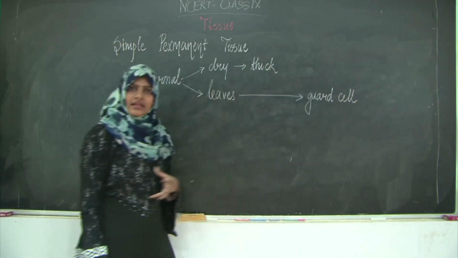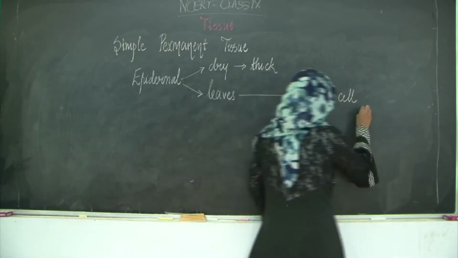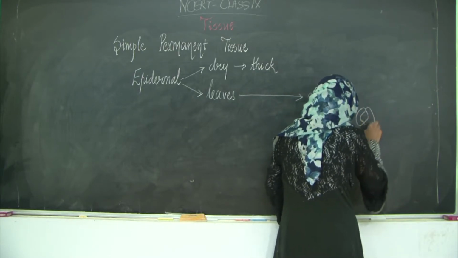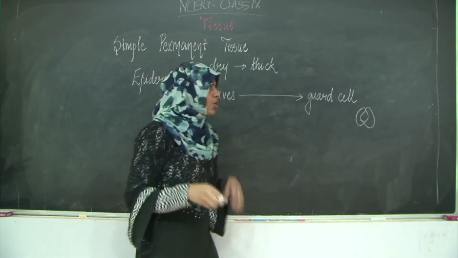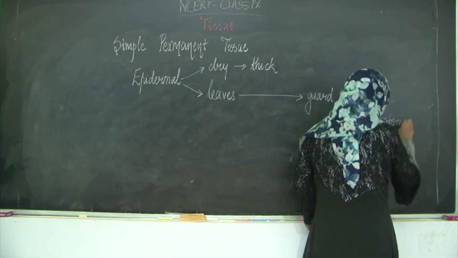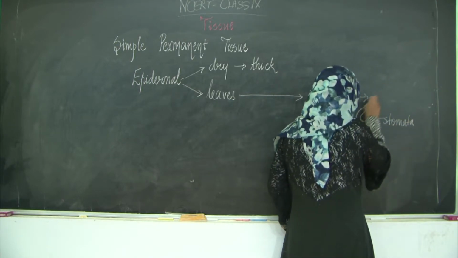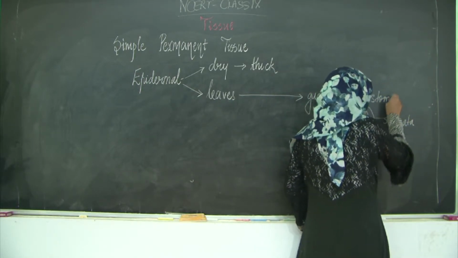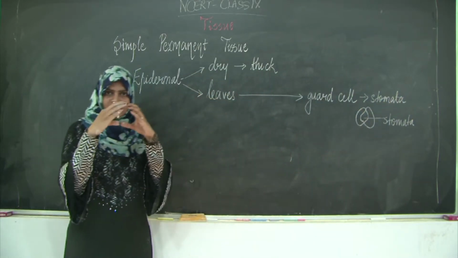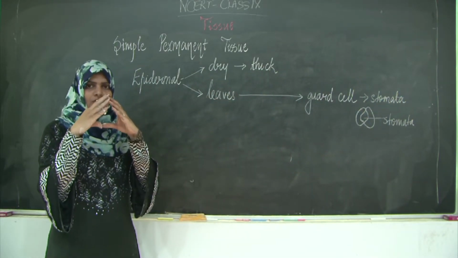These guard cells have a kidney shape, and two guard cells enclose a hole called the stomata.